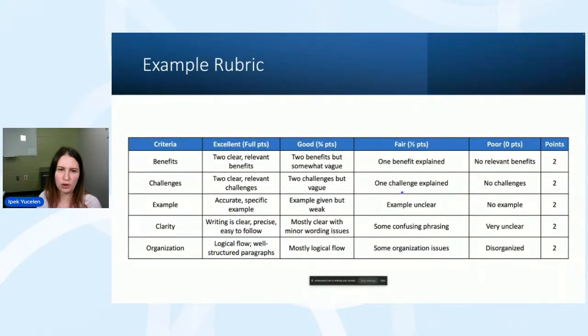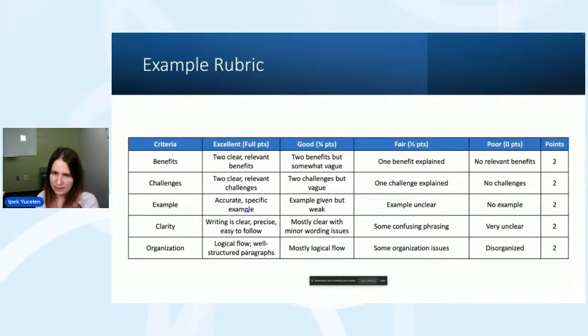So here, the levels are excellent, good, fair, and poor, each associated with 2 points, and the total must be 10. Each point is given to different criteria, and you can just choose whether the response is excellent, good, fair, or poor. What I do is, we use Canvas in our university, and we have Canvas rubrics.